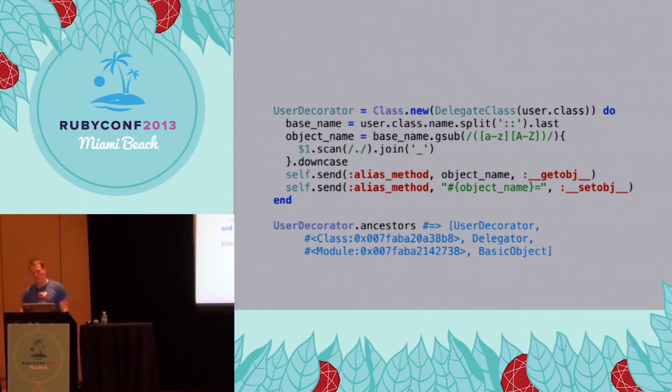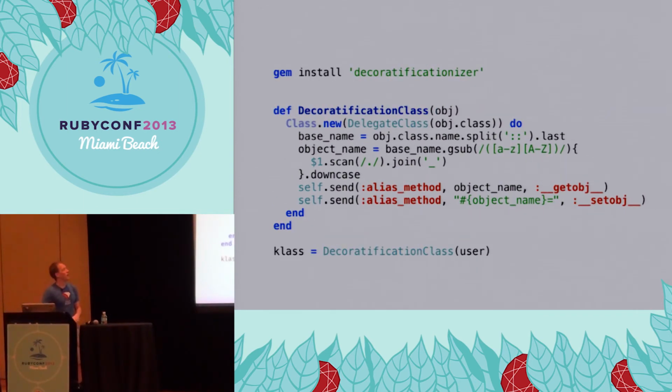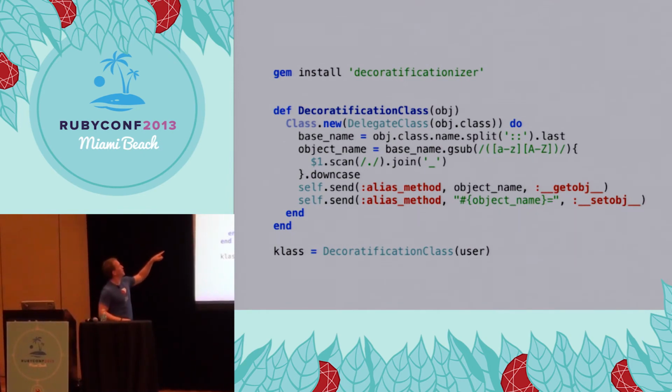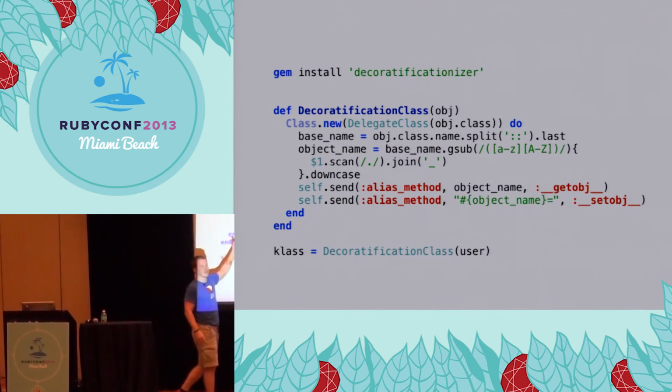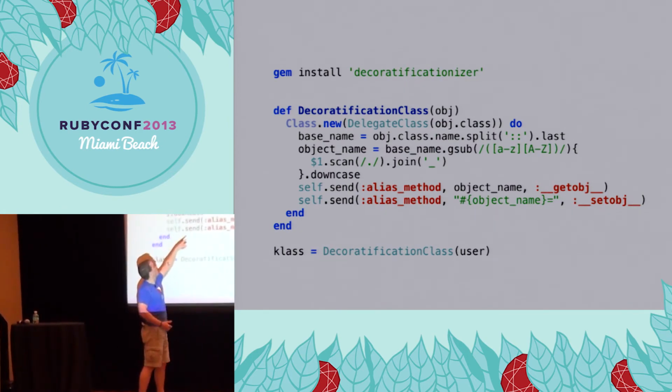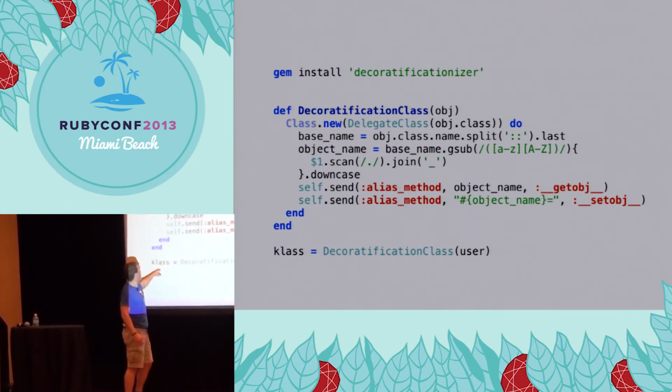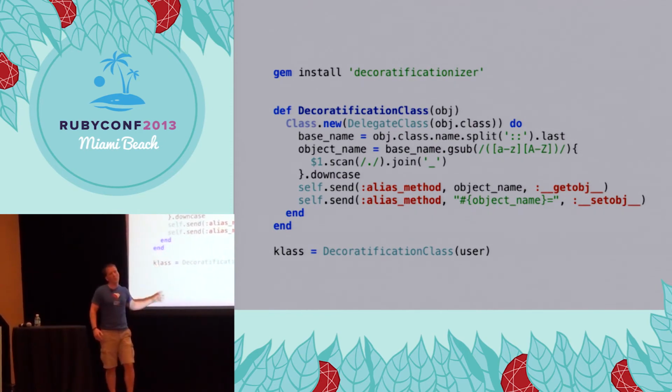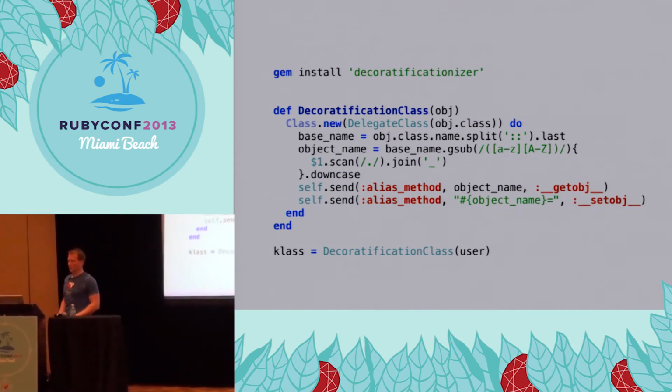And then, of course, I thought it would be awesome to make a really cool gem to do it. That doesn't exist, but decoratificationizer. So you could do this. If you wanted to just pass in an object rather than a class, you could pass in an object, do exactly the same thing. Use delegate class to define your class, and you've got a reference to it here. You can assign that to a constant and do whatever you need with it.